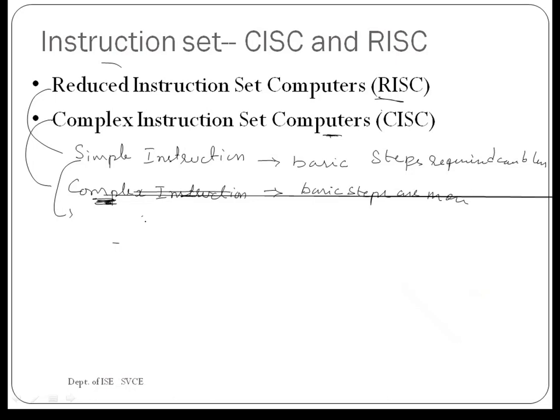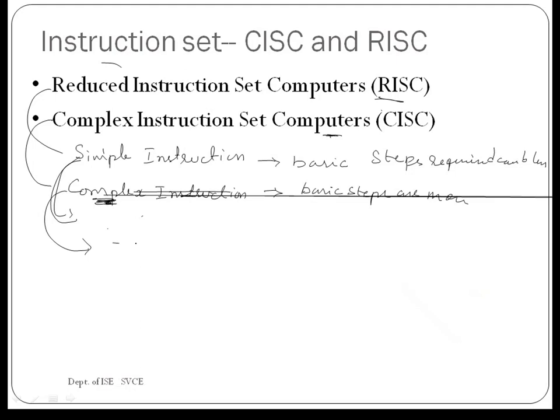For a processor that has only simple instructions, a large number of instructions may be needed to perform a given programming task. That is the case for RISC, and it is reversed in CISC, which requires fewer instructions to perform the required operation.